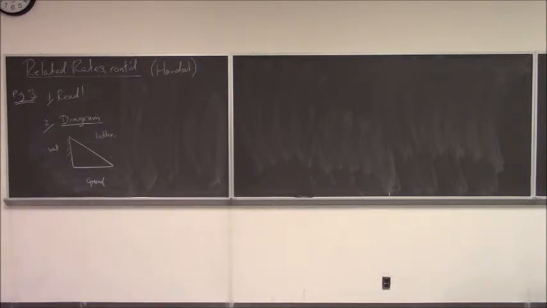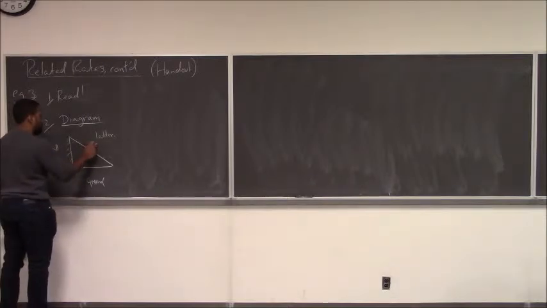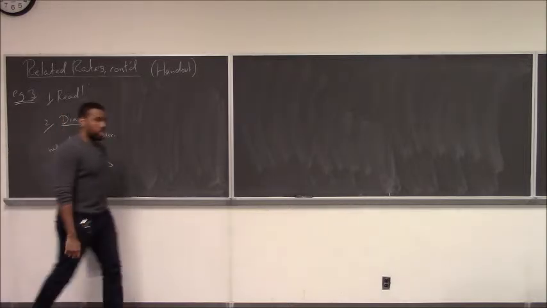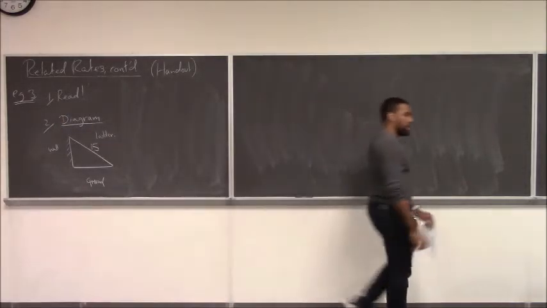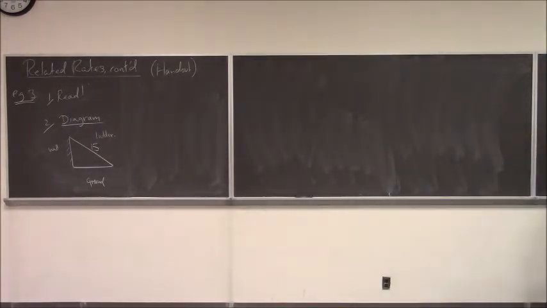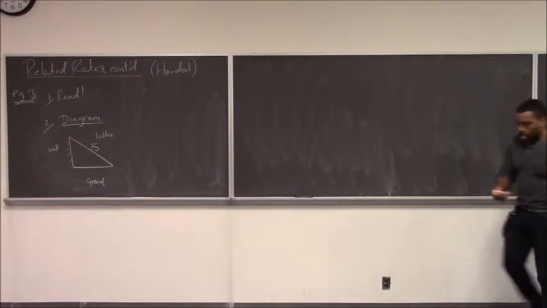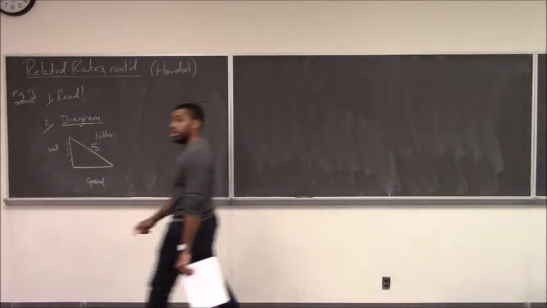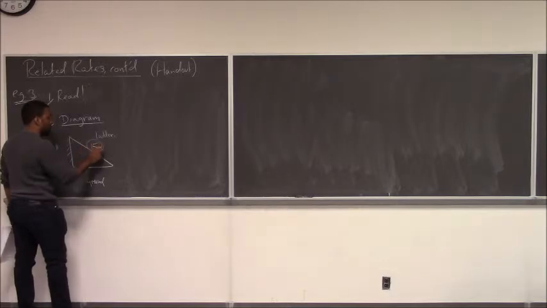Well, it tells us the ladder's 15 feet, so the hypotenuse would be 15. Label this 15. The ladder is not changing length. Do not label it with a letter. The ladder is always 15. It's a constant. You label constants by their constant value.